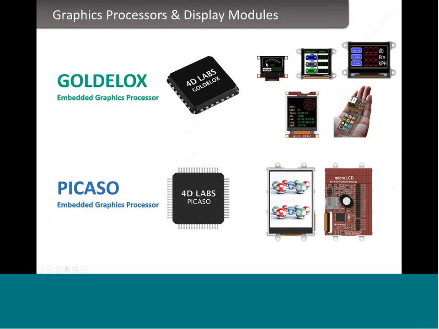Around these graphics processors, we've developed a number of different display modules, which have become very popular with our customers and users, and they often select a display module as a whole to use in their final solution rather than a chip only.